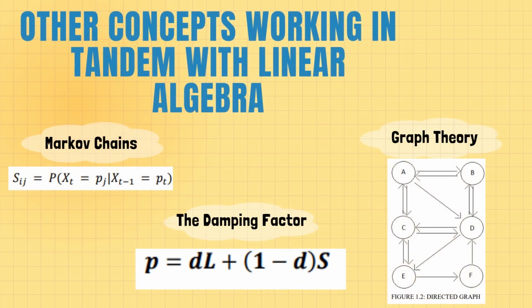There are 3, the first of which is the Markov chain. A Markov chain is a stochastic process that satisfies the Markov property, a memoryless property, where the probability of future behavior is independent of past behavior.